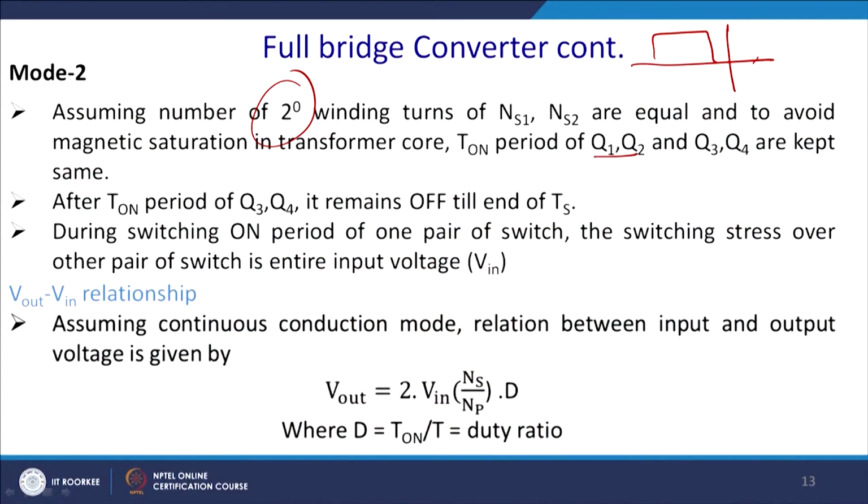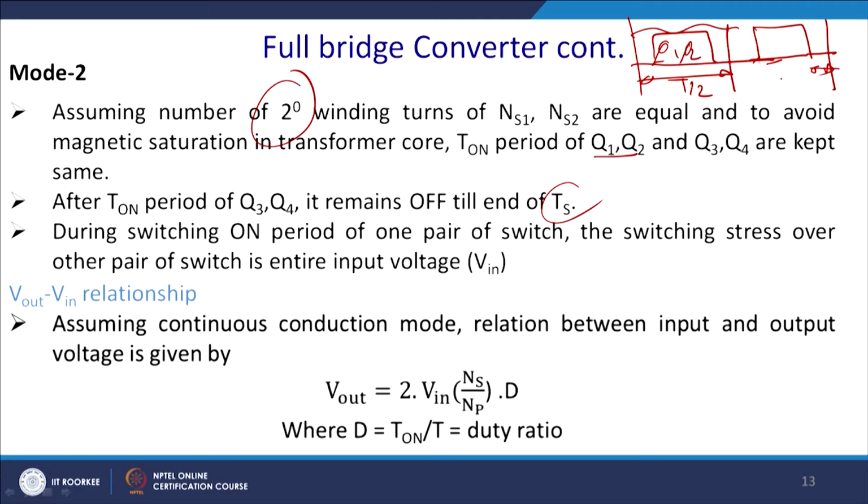If this is the Ts time, we are just drawing on the positive y axis: Q1, Q2 conduct for Ts by 2 at most, thereafter there will be a delay, and this ratio and this ratio are required to be the same to reset the flux. After the T1 period, Q3, Q4 remain off till the time Ts. This is the time interval.